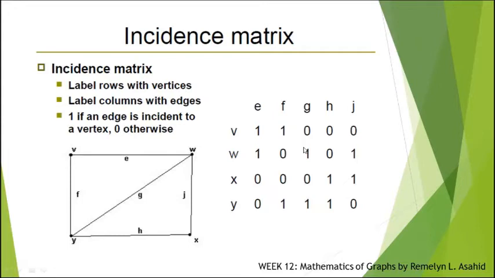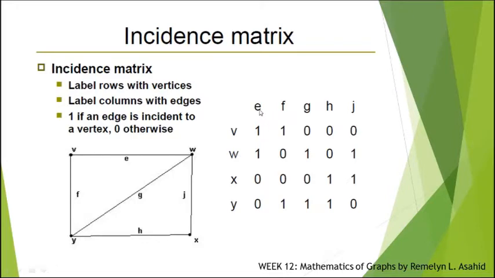It is 1 if an edge is incident to a vertex, 0 otherwise. Here we have 4 vertices, V, W, X, Y, and the edges are E, F, G, H, J. So we're going to have their matrix. For vertex V, E is incident, it is connected. Then F is also connected to vertex V.